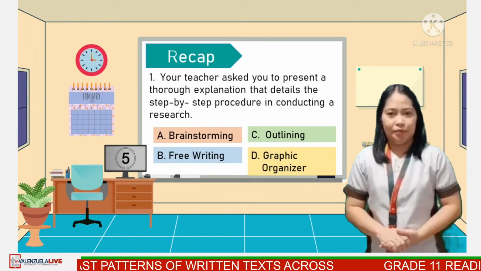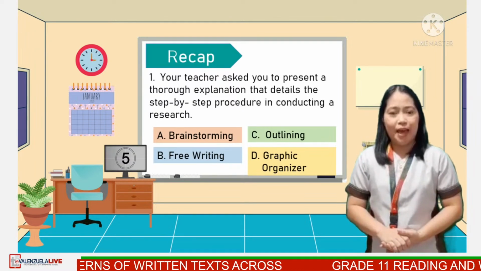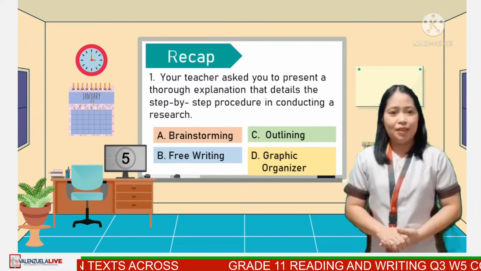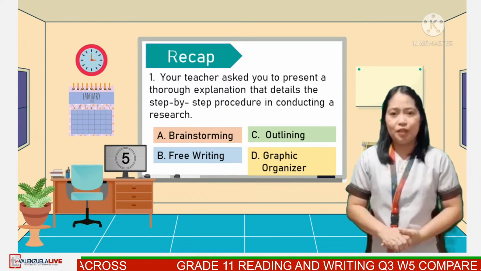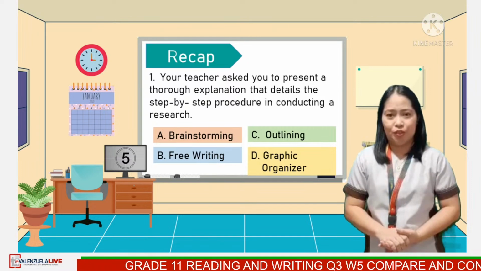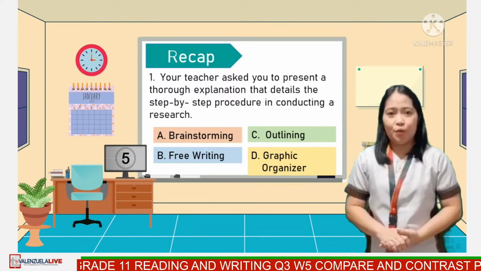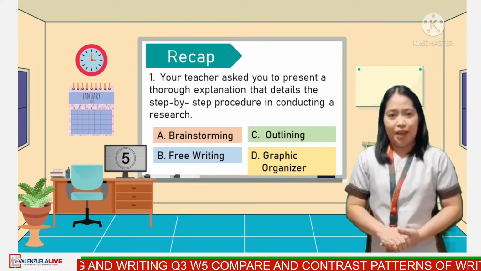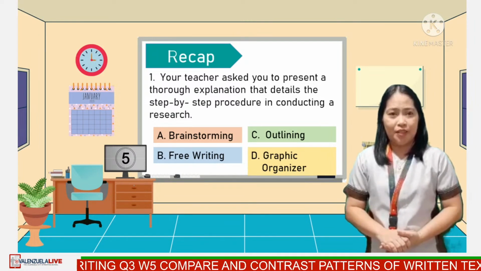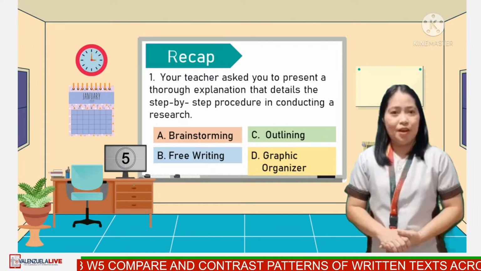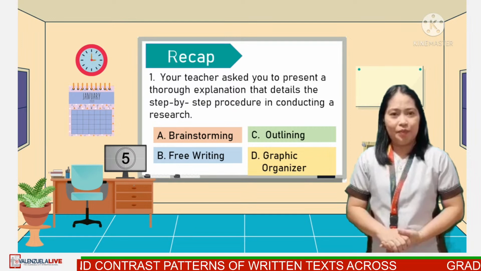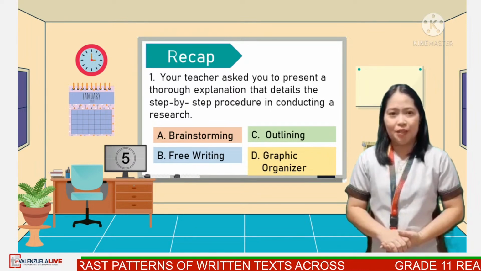Number 1. Your teacher asked you to present a thorough explanation that details the step-by-step procedure in conducting research. Which of the following is the appropriate technique for this scenario? Is it letter A, brainstorming, B, free writing, C, outlining, D, graphic organizer?